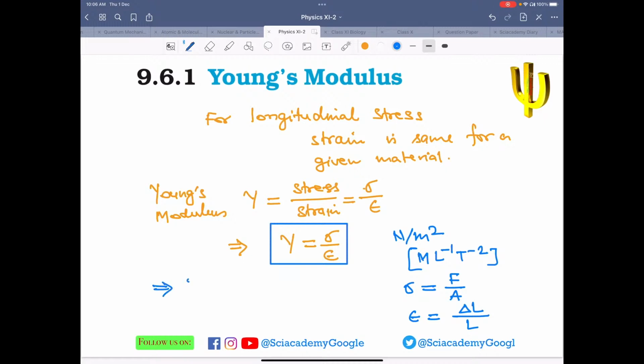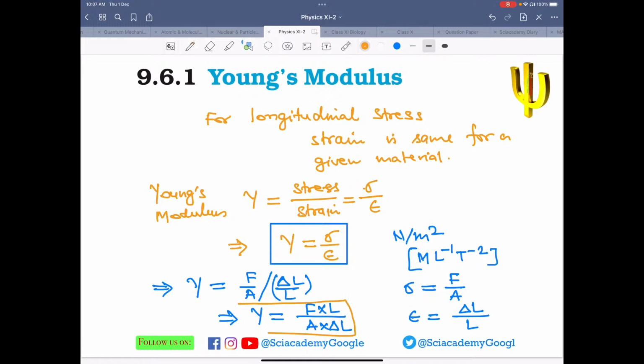This gives that Young's modulus Y can be represented as F by A divided by delta L by L, which gives Young's modulus Y is equal to F times L divided by A times delta L. So this is the relationship for the Young's modulus, and its dimension is same as that of the stress.